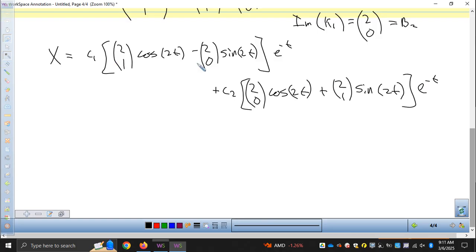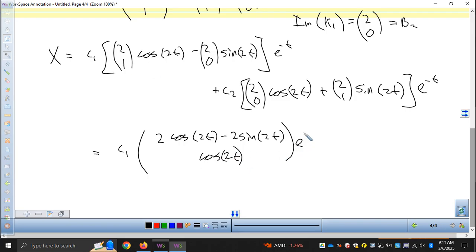And if I write these as one matrix, I get C1 times 2 cosine 2t minus 2 sine 2t. That's this top row here. The bottom row is just cosine 2t, e to the minus t, plus C2 times 2 cosine 2t plus 2 sine 2t.